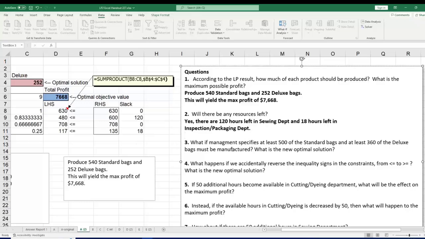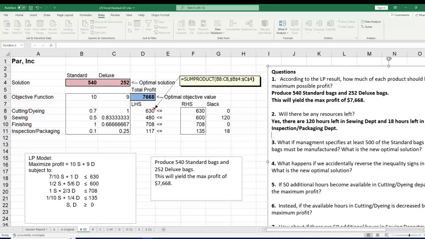What if management specifies that at least 500 of the standard bags and at least 360 of the deluxe bags must be manufactured? Then what is the new optimal solution? Currently the optimal solution is making 540 and 252.